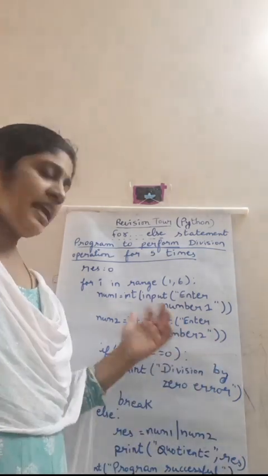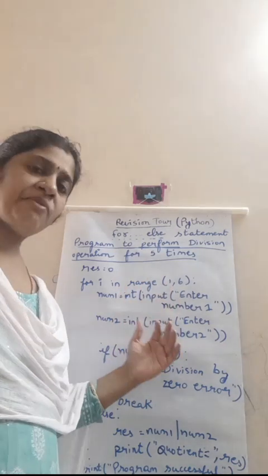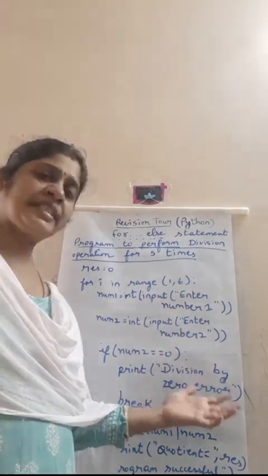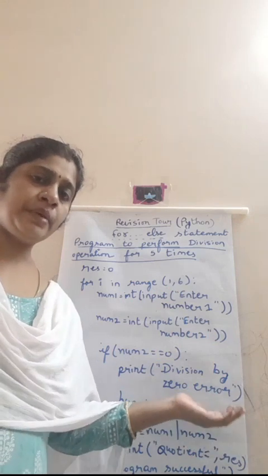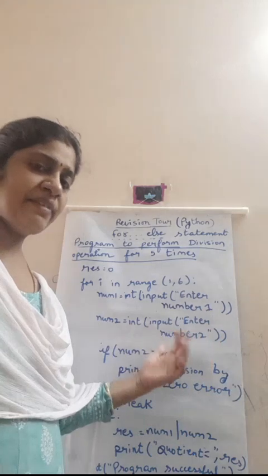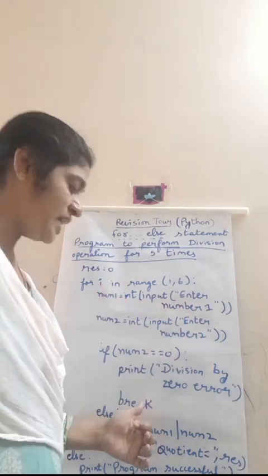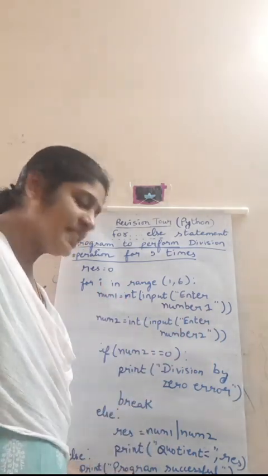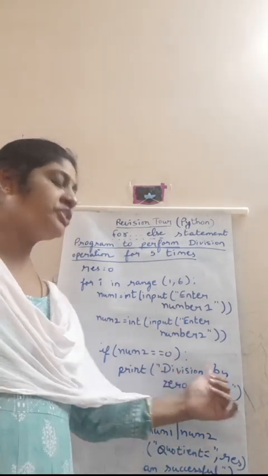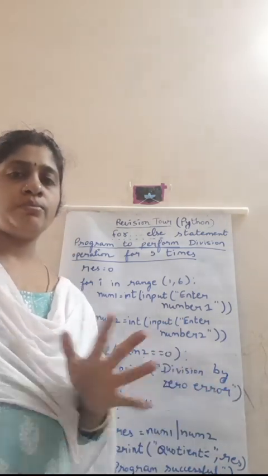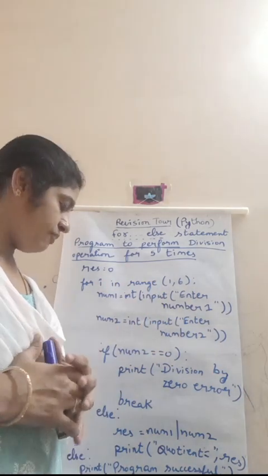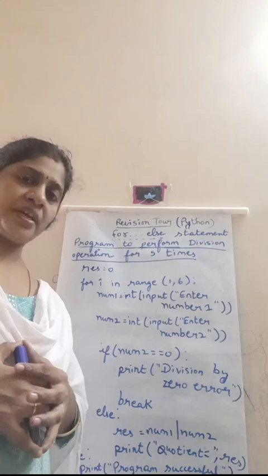Suppose this program was not successful, if the user has entered 0 in any one of the loops, then it will come out of the loop using the break statement, and this statement won't get executed and you will get the division by 0 error message. So this is how the for else statement works.